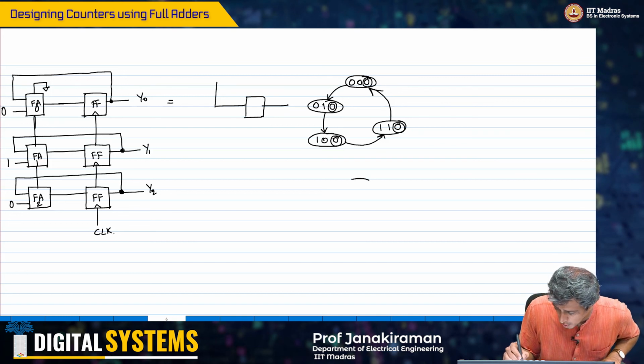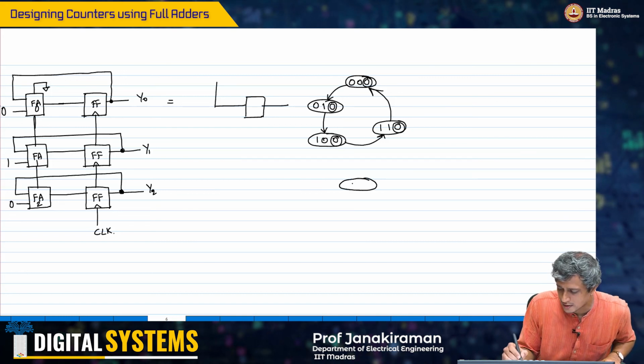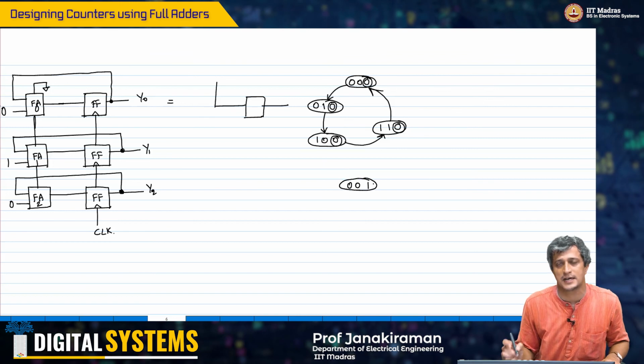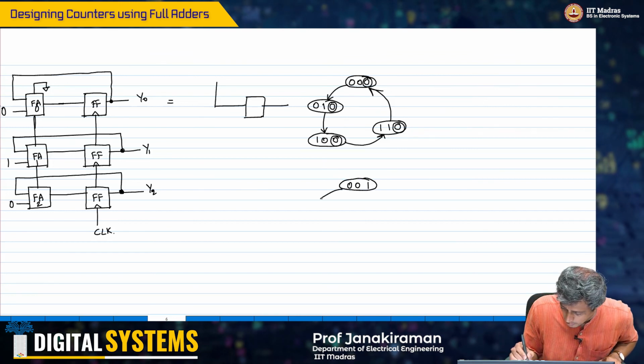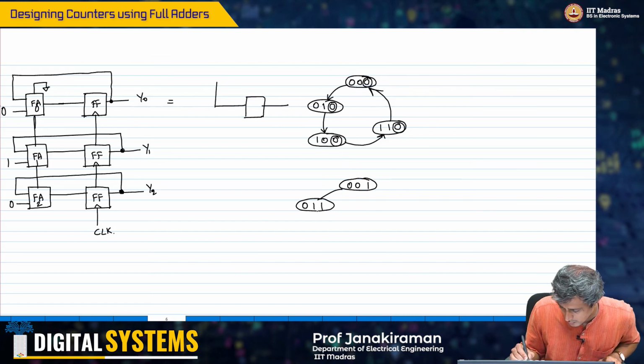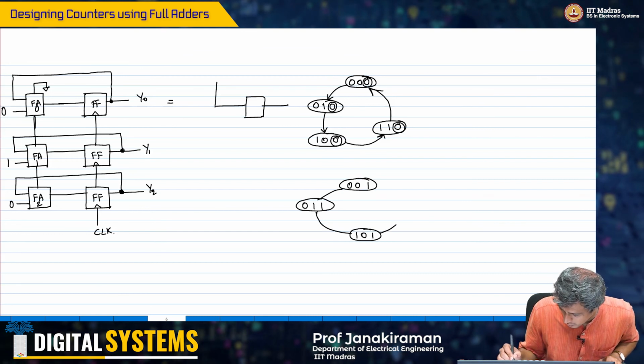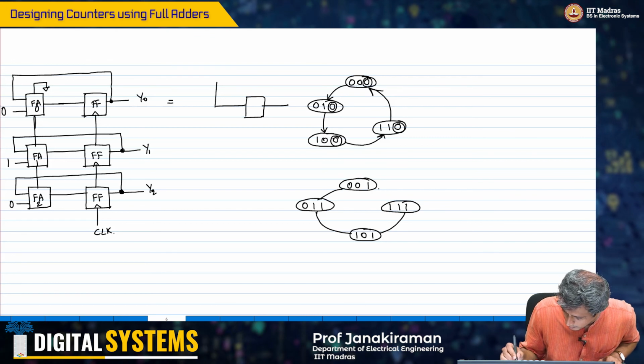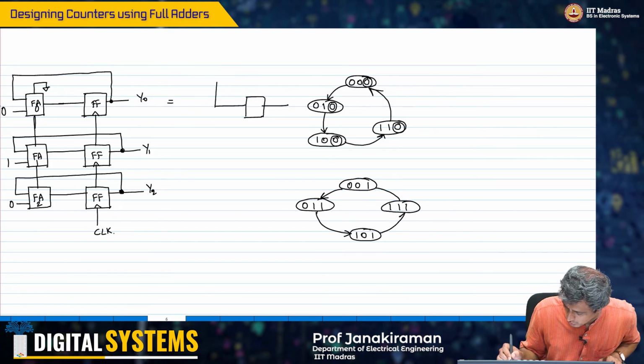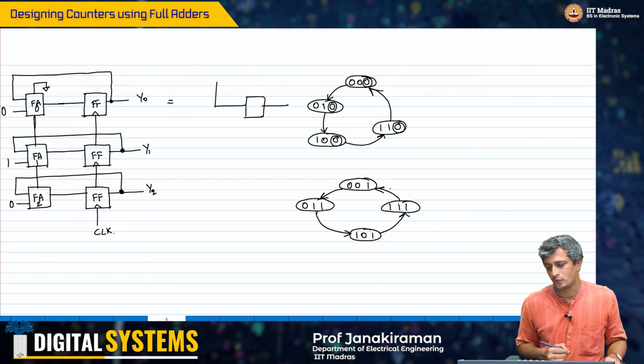Likewise, if I can somehow reset this counter into 0, 0, 1 state as my starting state, then it would go to 0, 1, 1, 1, 0, 1, 1, 1, 1, okay.